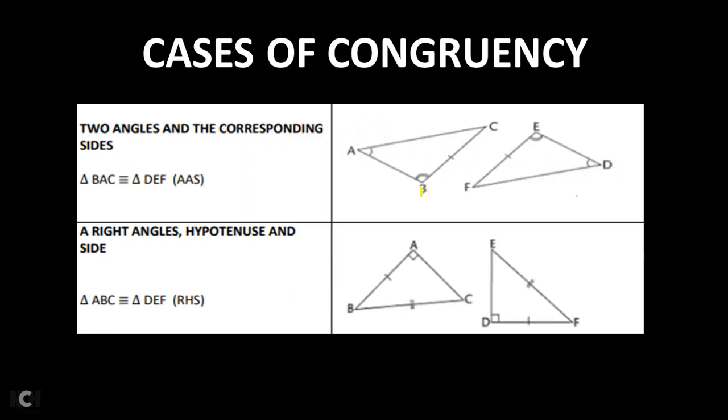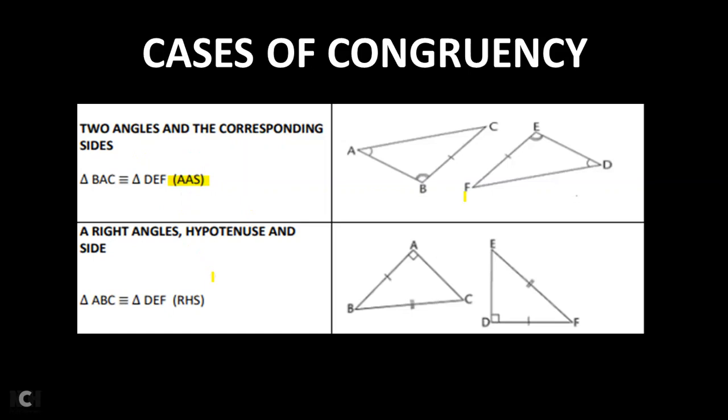And then angle B is equal to angle E. That's the second angle. And now the corresponding side, we have line BC equal to line FE. So we have 2 angles and 1 corresponding side. In this case, we can conclude that these two triangles are congruent to each other. So this is the case this time: angle, angle, side.